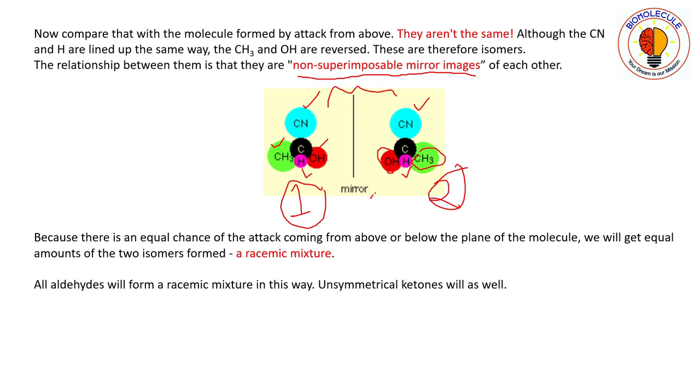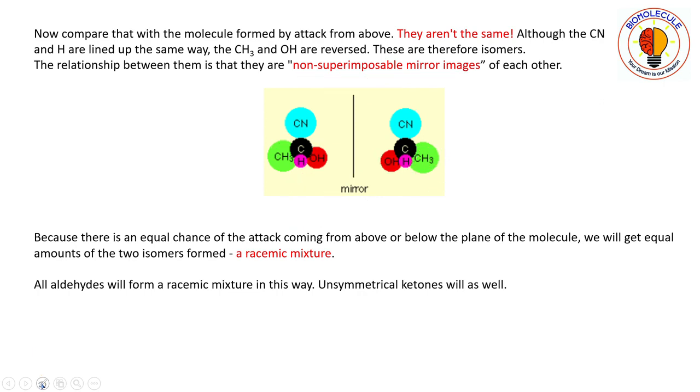See here, if we place a mirror in front of the first molecule, the mirror image formed will be 2, that is cyanide to cyanide, hydroxy to hydroxy. Since hydroxy is nearer to the mirror as compared to methyl, in the reflection, that is in the second one, we will get hydroxy ending up nearer to the mirror as compared with the methyl group.